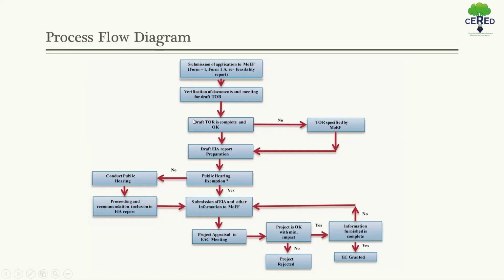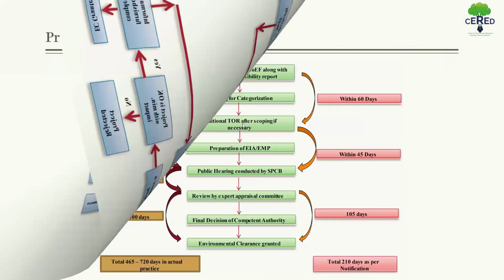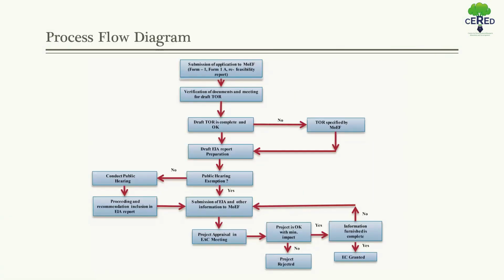Then, if the draft TOR is completed and okay, it goes for draft EIA report preparation, and if not, then it is as specified by MOEF. It goes to the central level, and then it comes to draft EIA report preparation.